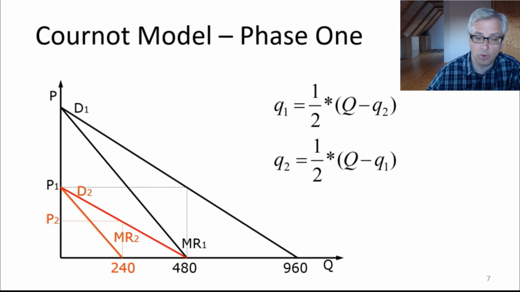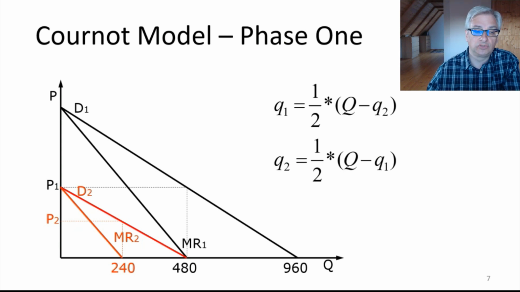So Q1 was 480, this big Q, 960 minus 480 divided by 2 gives us 240, which is the production of the second one. Now you take this Q2, which is 240, you put it in the first reaction function, and you can calculate what would be Q1 now.